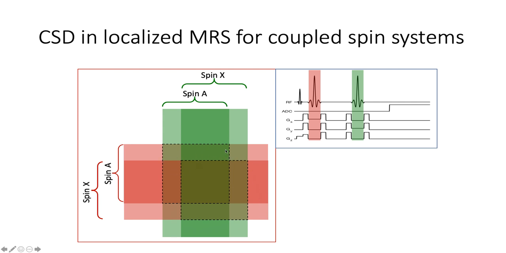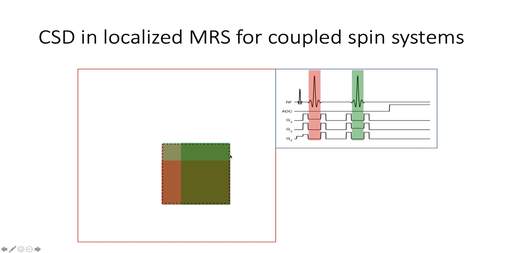Now, if I'm simulating the signal from spin A, I need to look at the signals generated from inside this first box. So I can eliminate all of the other regions, and break this system up into four different regions, numbered 1 through 4. In region 1, the coupling partner of spin A, spin X, is experiencing neither of the two refocusing pulses.